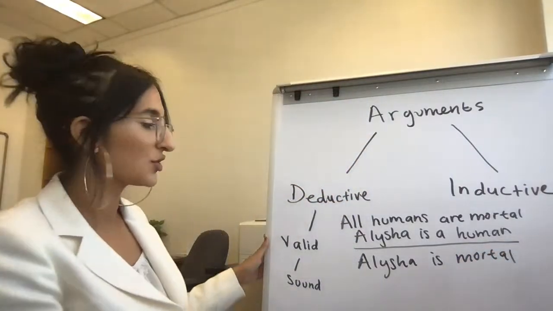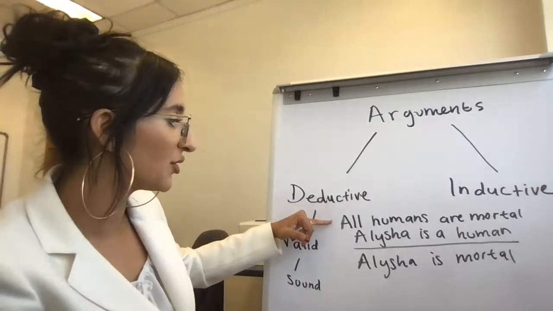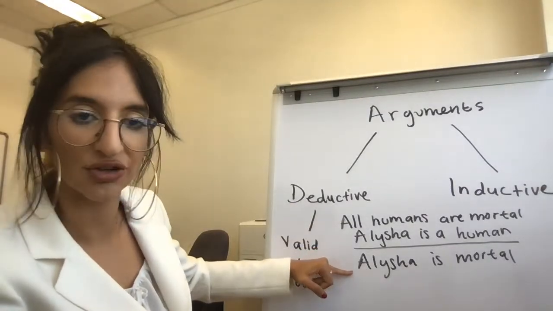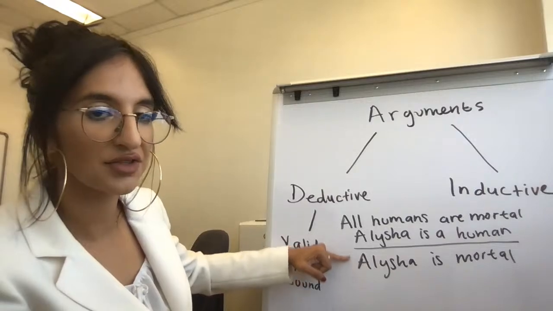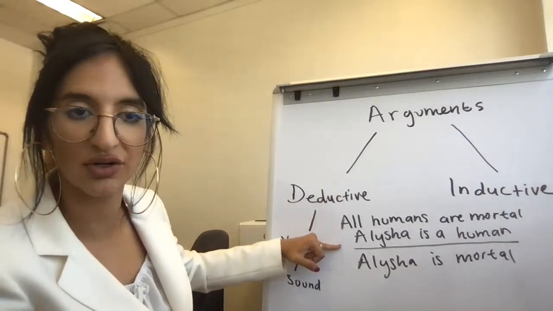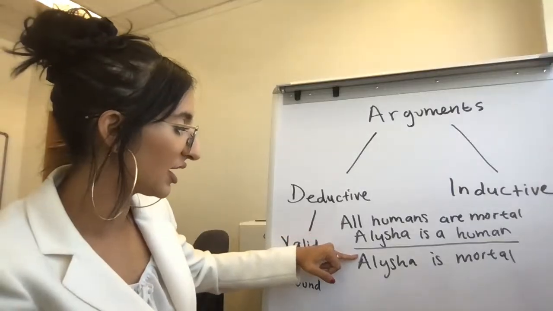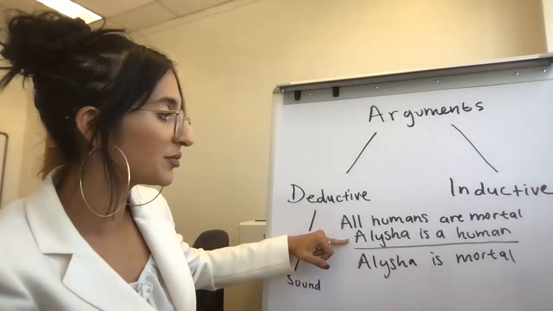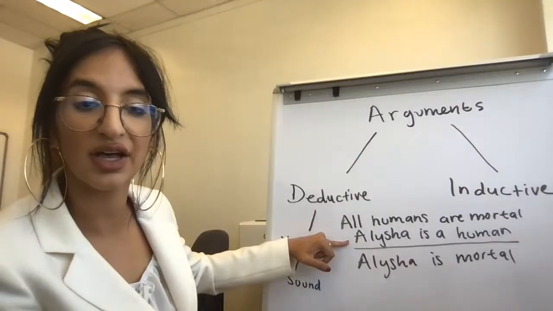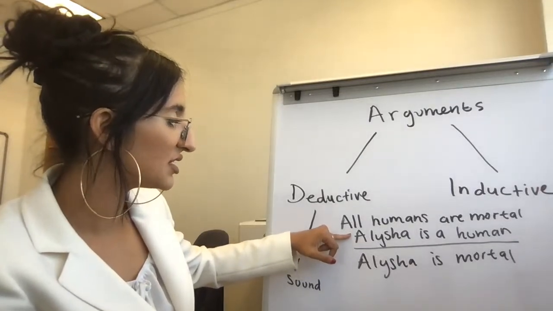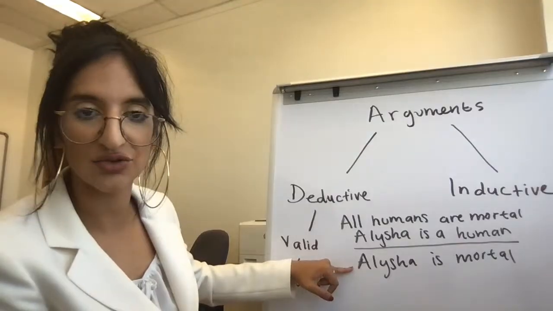In a deductive argument, notice these are the premises, this is the conclusion. This is standard form as we talked about last class, where you write each premise alone on the line, followed by a line and then the conclusion. Now, notice when it comes to deductive arguments that are valid, and in this case sound, the truth of the premises necessitates the truth of the conclusion.